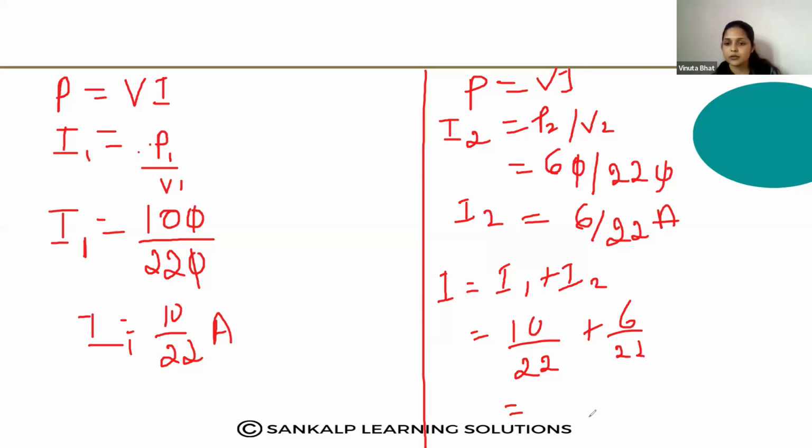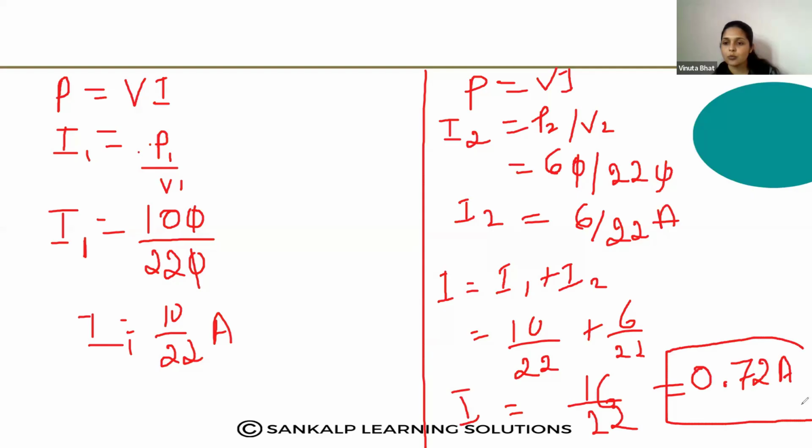Here 22 divided by 10 plus 6, 16. I is equal to 16 divided by 22, that is 0.72 ampere. What is the total current? That is 0.72 ampere. Yes, like this you have to solve this question.